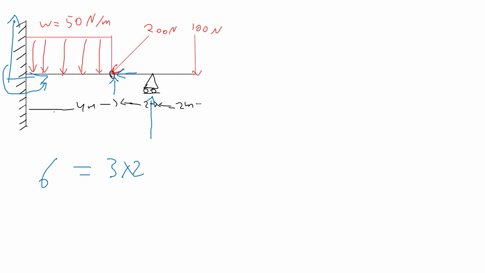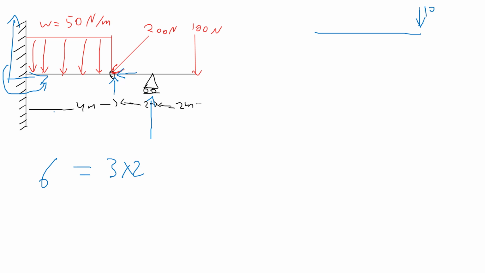We're going to draw it, and calculate the values of the unknown reactions. So we're going to come here and draw this structure and put the forces in its place.